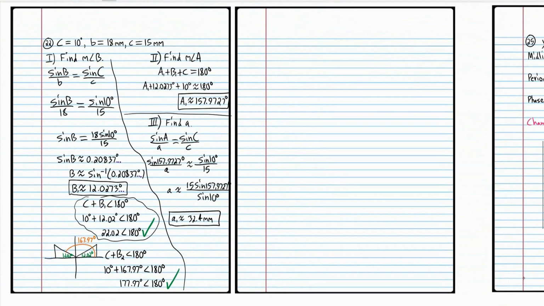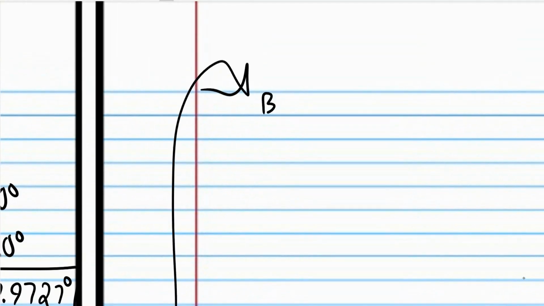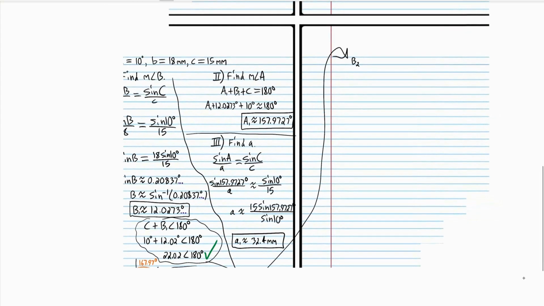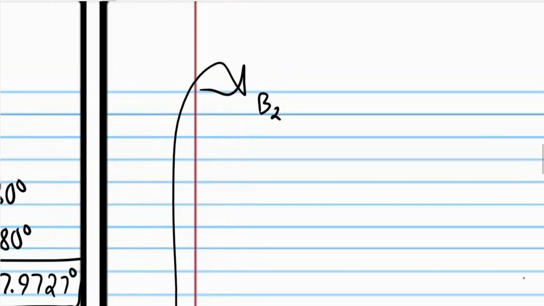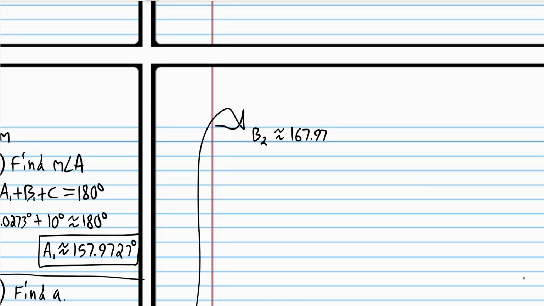So now we're going to use this other angle we found, B2. And we're going to go up here and assume that B2 is approximately 167.97. Let's carry out some other decimals.